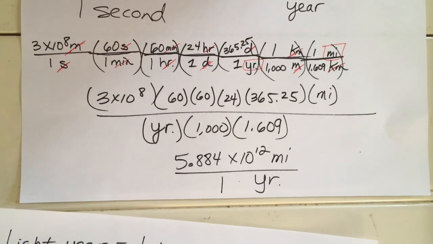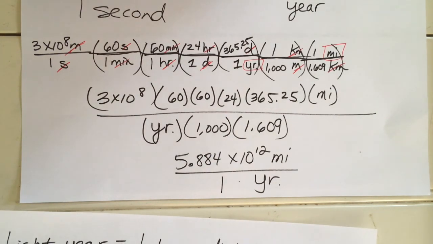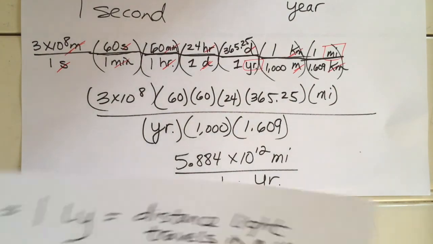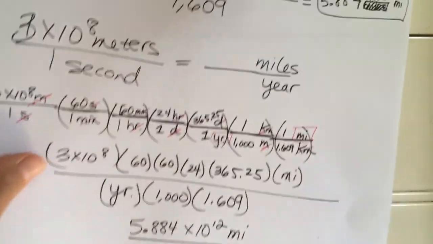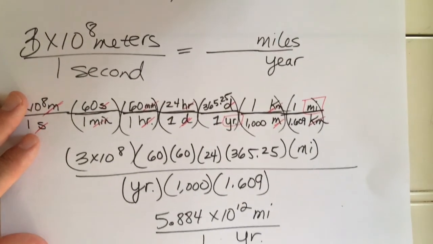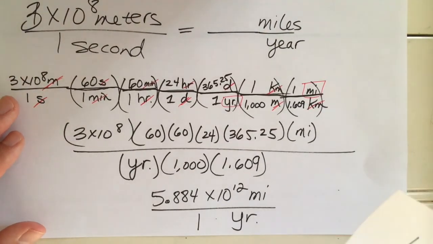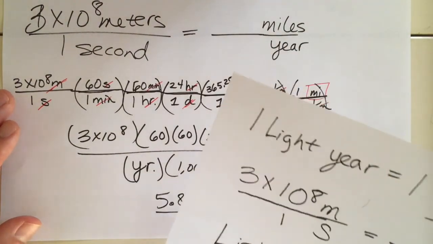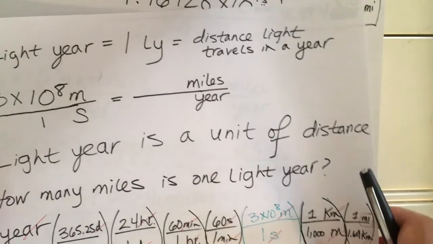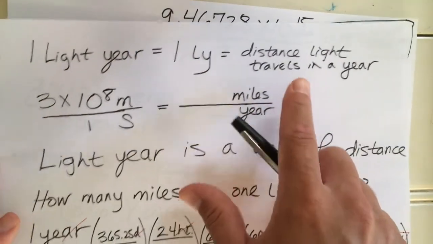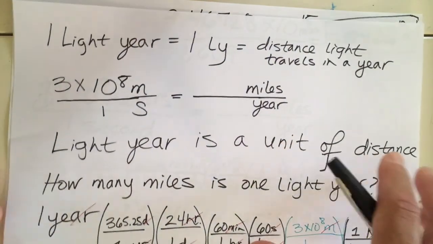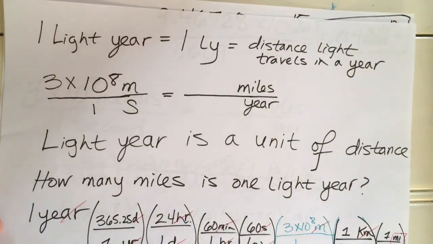All right. Hopefully that's making sense, and that's definitely a little tougher problem, but that's why we do this problem mainly in honors physics. But yeah, that's fun. So a light year is a distance unit, not a time unit. All right, that's it.